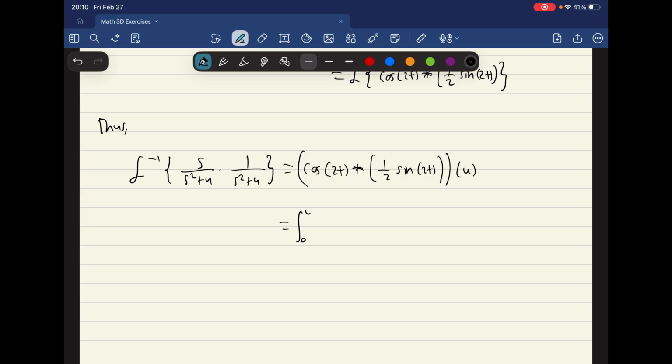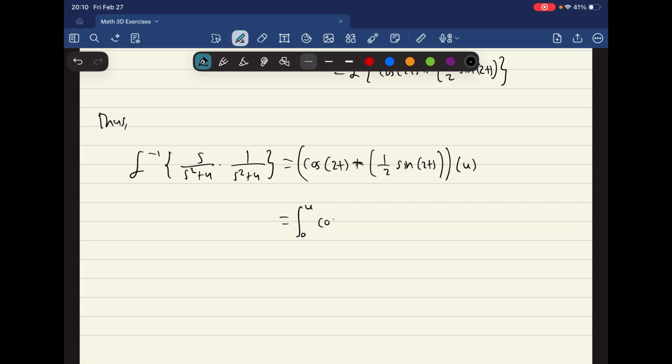So the convolution of our two functions is the integral from 0 to u of cosine of 2 tau times 1/2 sine of 2 times u minus tau.